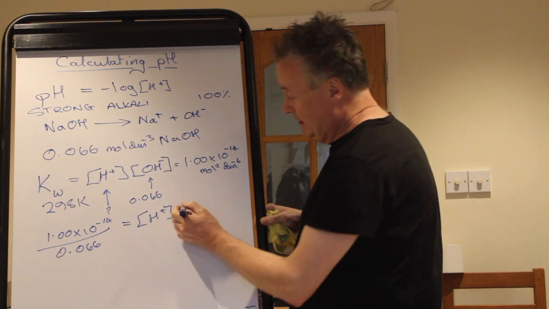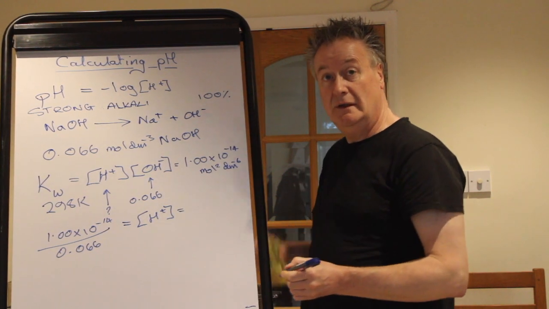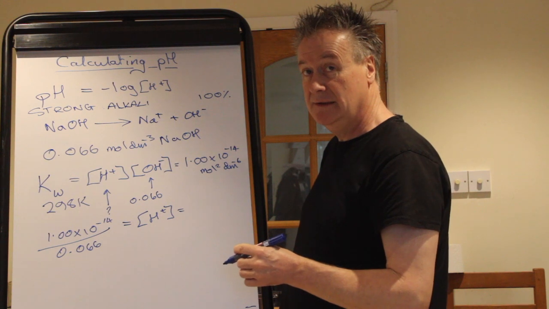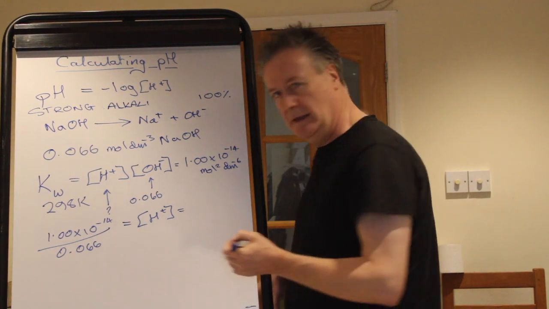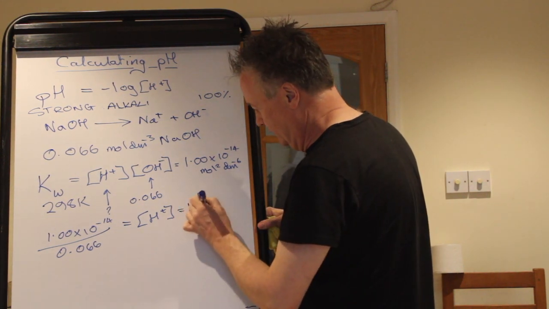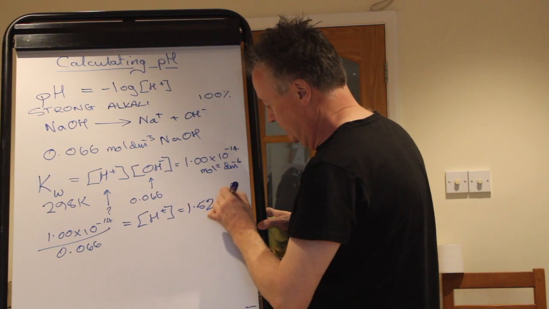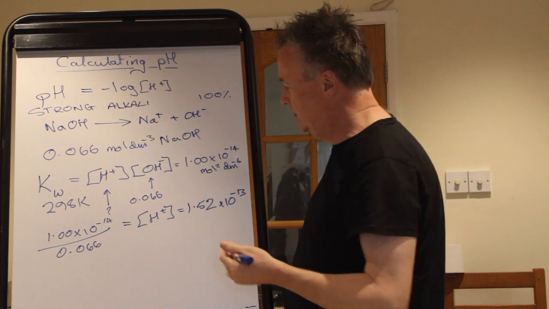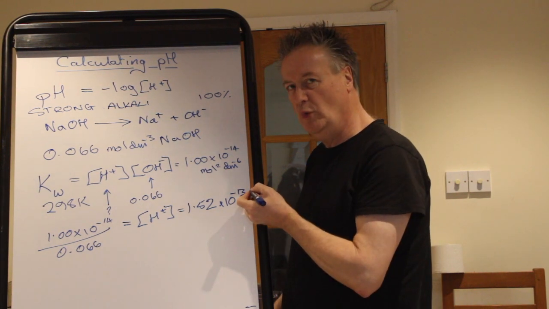If you put that in a calculator, maybe you're doing the calculation with me? Oh, you're not? Okay. Well, the answer is 1.52 times 10 to the minus 13, and that's concentration, so it's moles per cubic decimetre.